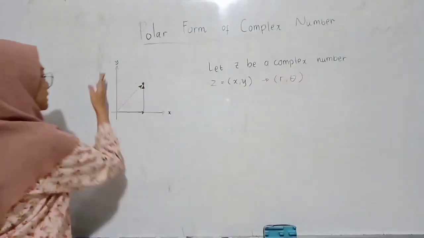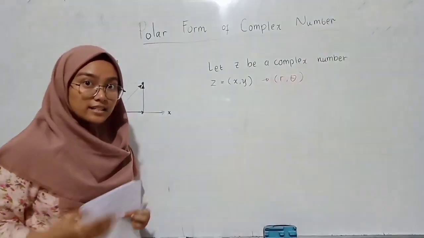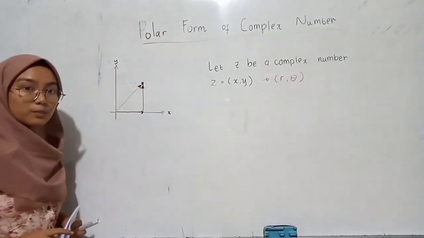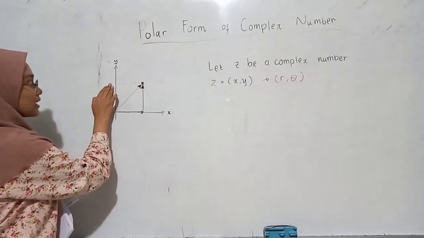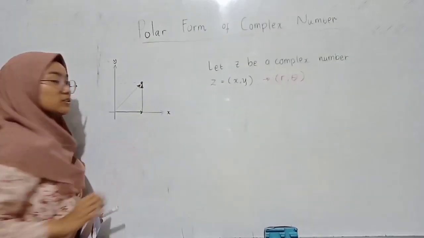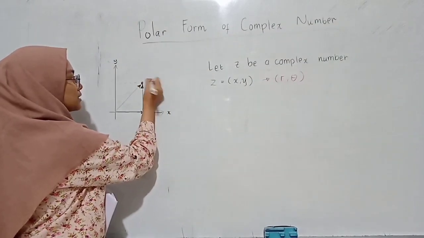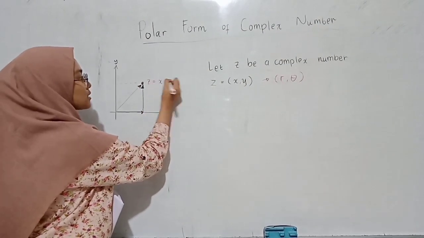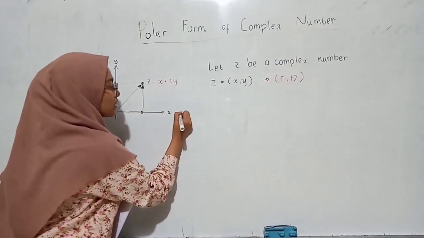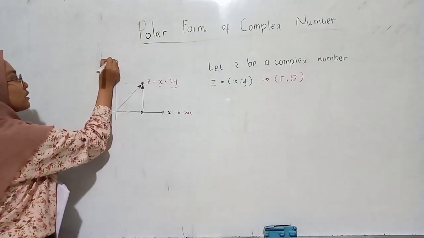Now let's see this Cartesian diagram. Since Z has coordinates (x, y), we can put Z as a dot here and project Z onto each axis, the y-axis and the x-axis, and we get the vector. This can be Z equals x plus iy, where x is the real part and iy is imaginary.